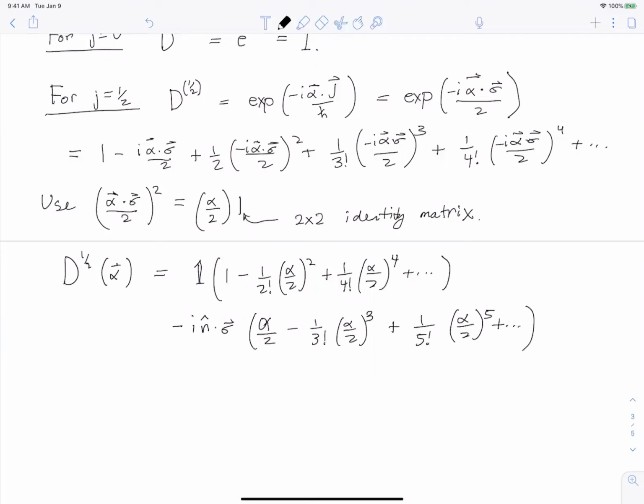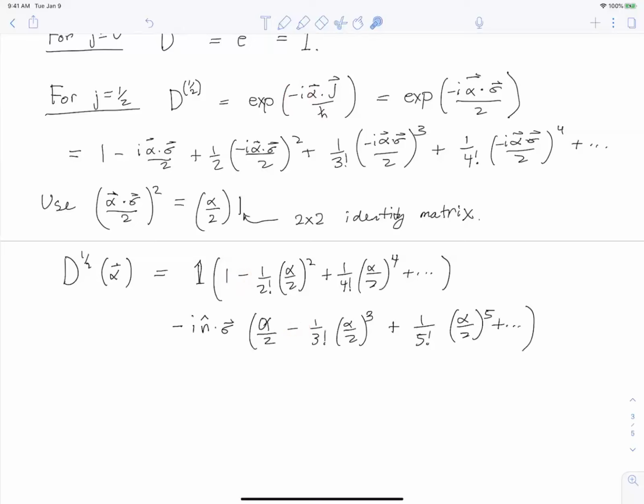Notice that when we did this, there was a factor of i that comes in here, and that flips the sign of every other term. So that's why there's a minus sign here and a minus sign here.